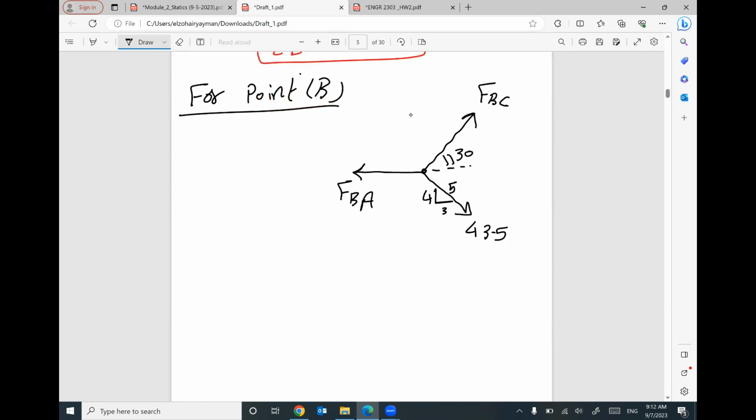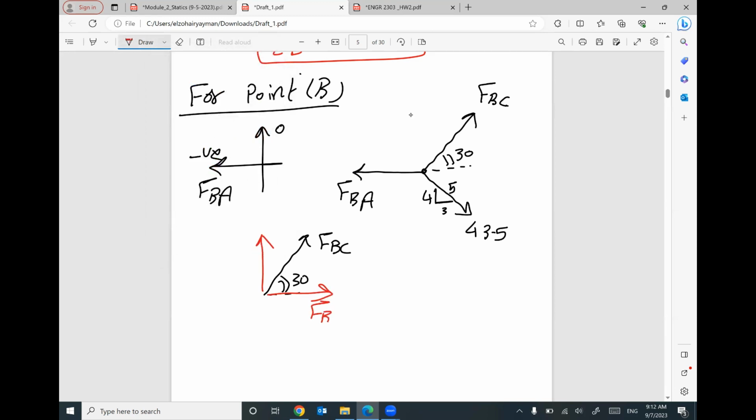I will break each force to two components. The horizontal one, FBA, is horizontal in the negative direction. We don't have vertical. For this force, FBC with angle 30, I can break this force to two components, one horizontal and one vertical. FBC cosine 30, FBC sine 30.